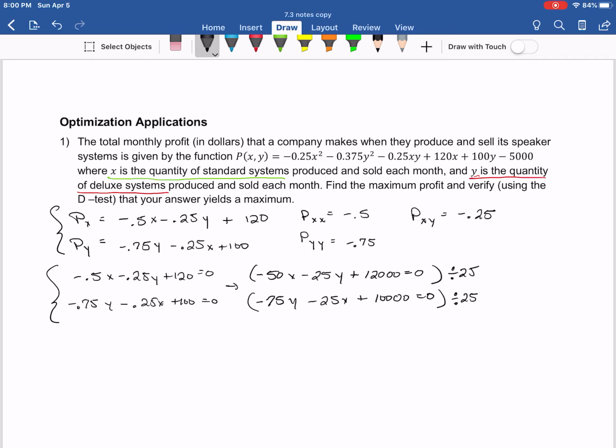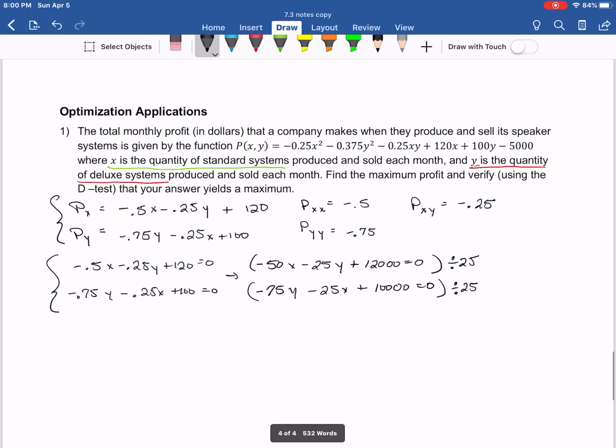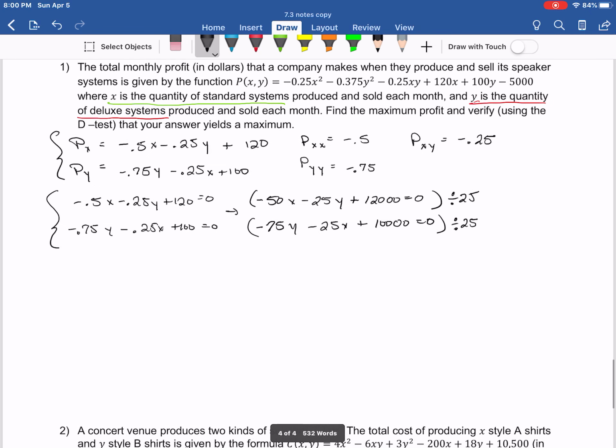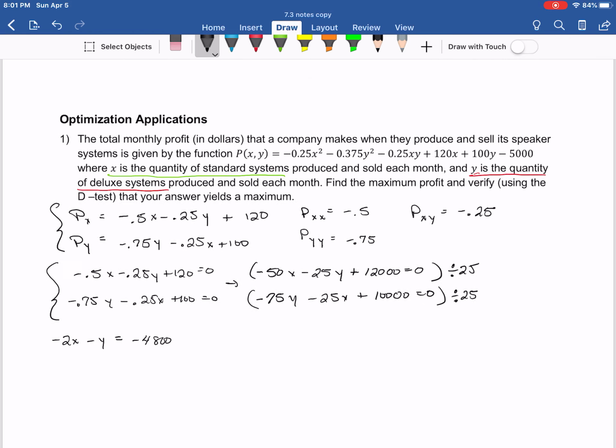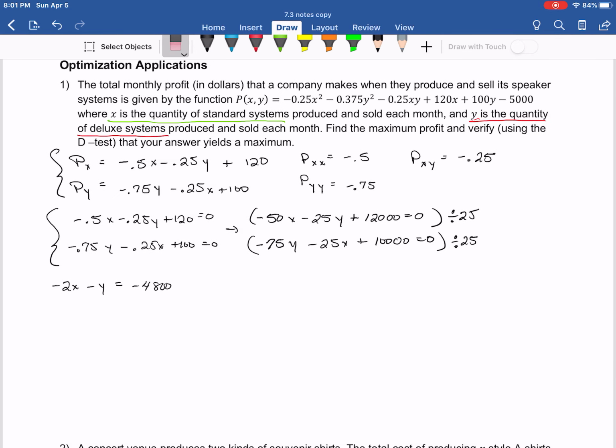Now, I want you to notice that the equations are not in the same order. In other words, the first equation has x, then y, whereas the bottom equation has y and then x. So when I rewrite my equations, I am going to rearrange everything so the x's are first, the y's come next, and then the constants go to the other side of the equal sign. I think I have one too many zeros on that.